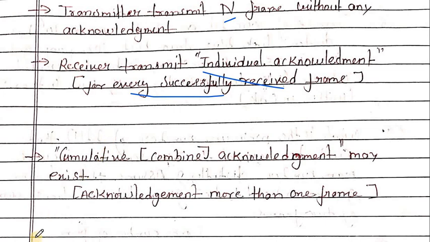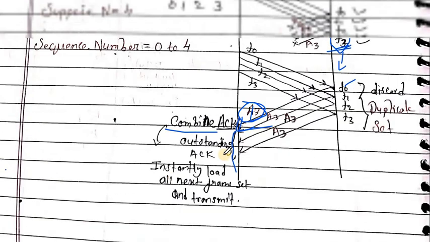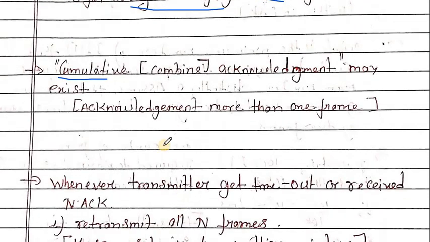Third, a cumulative or combined acknowledgement exists, meaning that whether previous frames were successfully received or not is acknowledged by one single frame, and no separate acknowledgement of other frames is needed.